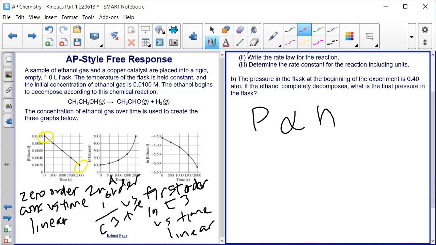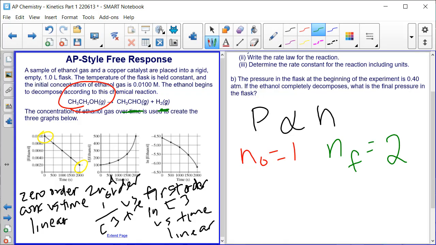And so if we look at our reaction, our initial number of moles is just 1. Okay, and our final number of moles is 2, because we have 1 mole of each product gas. Okay, so the number of moles is doubling. If the number of moles doubles, then the pressure also doubles.